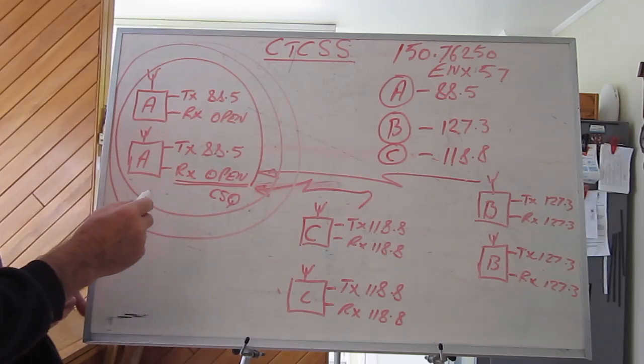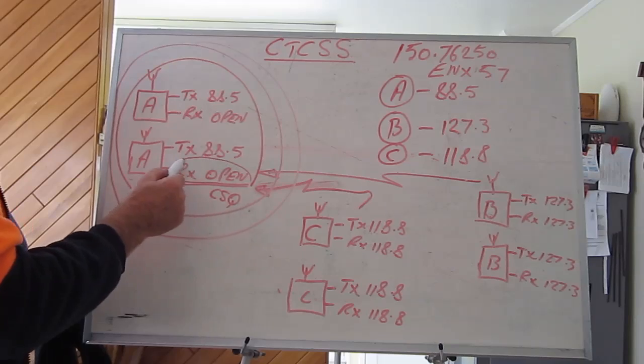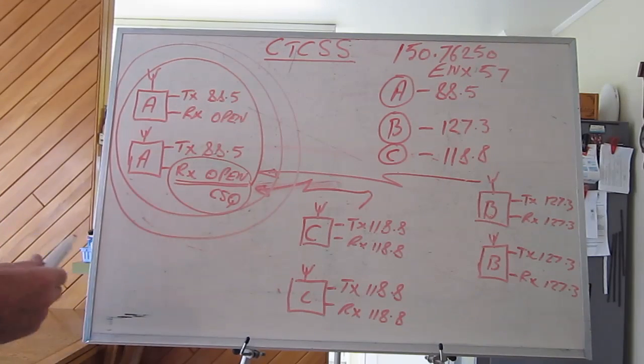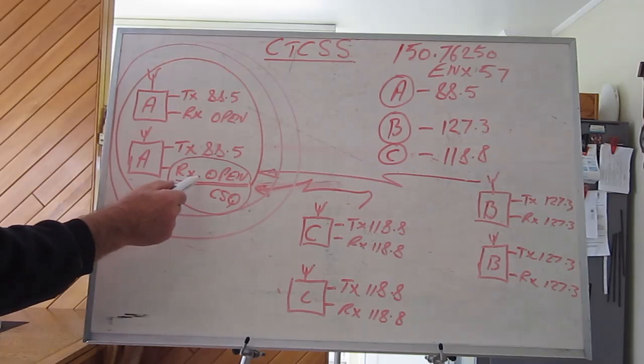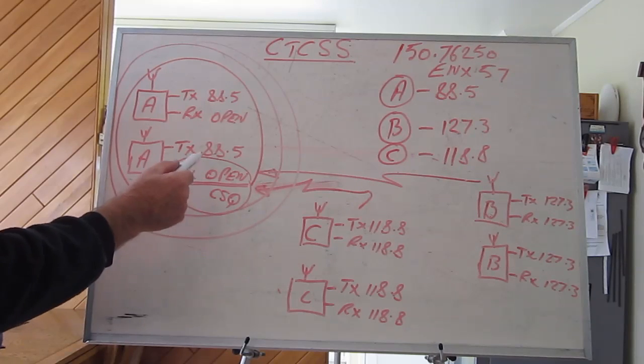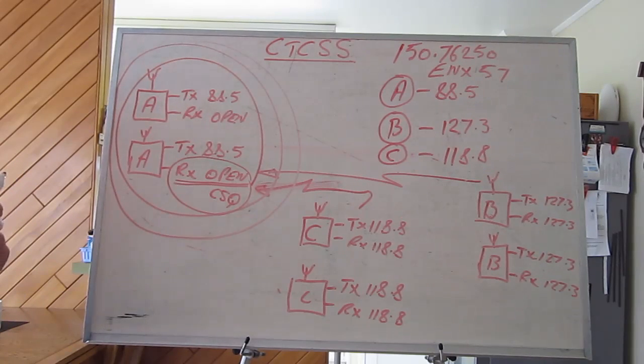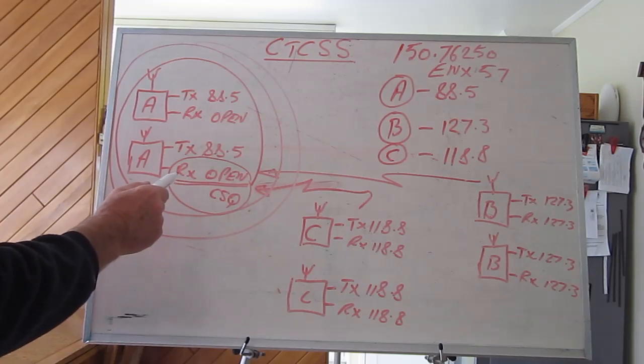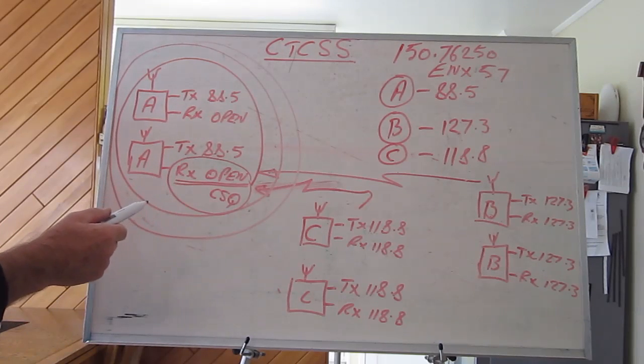The most serious problem here is this one. A failure to correctly program the receiver squelch with the correct CTCSS tone. Leaving this end of the receiver open provides a perception problem.